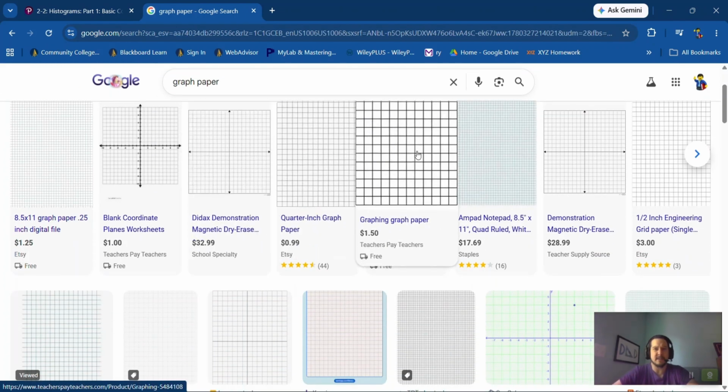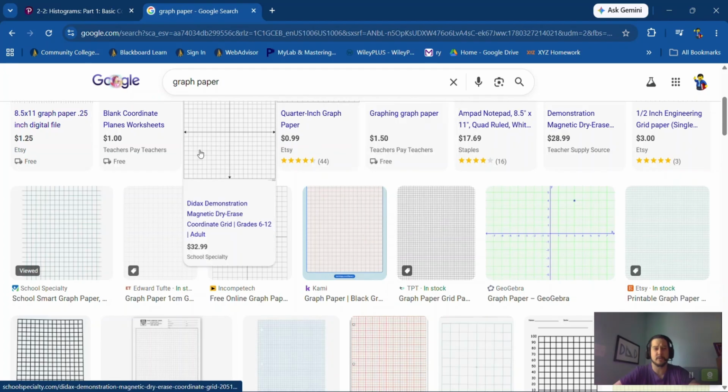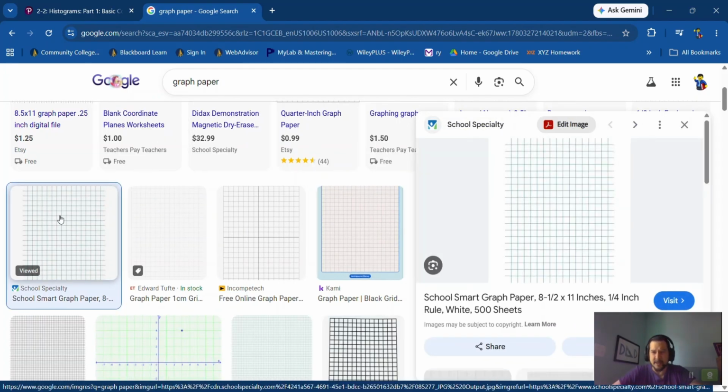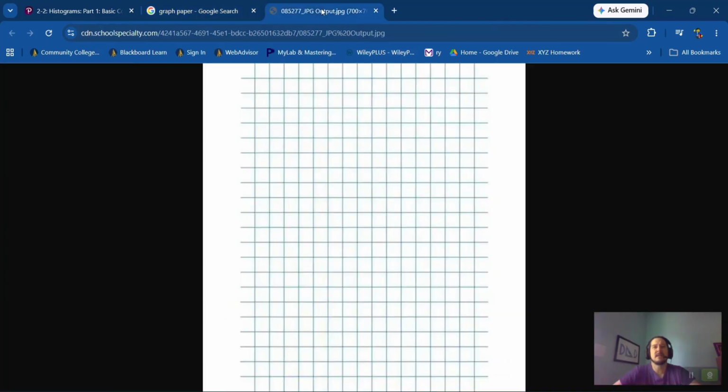I don't want something that's too dark. I wanted something that would resemble graph paper that they could buy on their own. So I selected this one right here, right-clicked, opened the image in a new tab, and then took a screenshot of it.